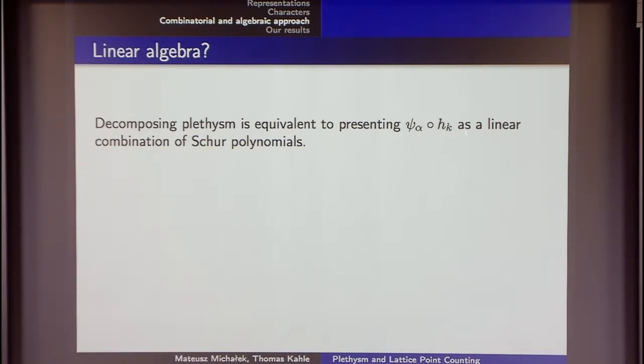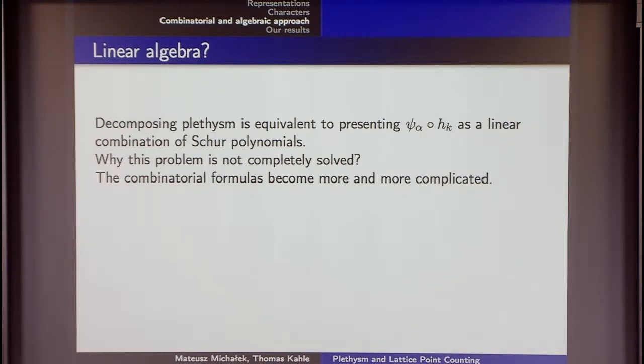We have to understand this polynomial as a linear combination of Schur polynomials. And the problem is, I think, more or less the same as in Professor Popov's lecture. Linear algebra, when you are doing it in coefficients of polynomials, becomes hard because there are so many things. So this is the reason why this problem is not completely solved.